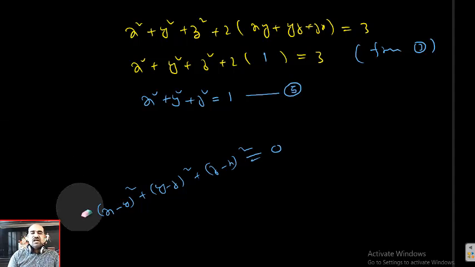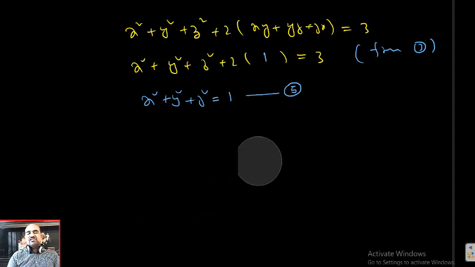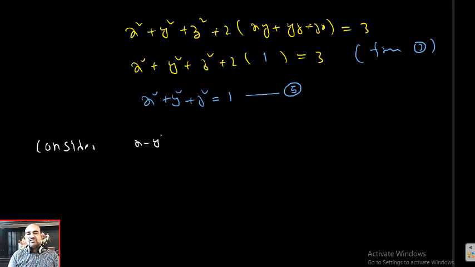Now, it is better to prove that x minus y whole square plus y minus z whole square plus z minus x whole square equals 0. Then from that I will get x equals y equals z. Okay, students? Consider x minus y whole square plus y minus z whole square plus z minus x whole square.